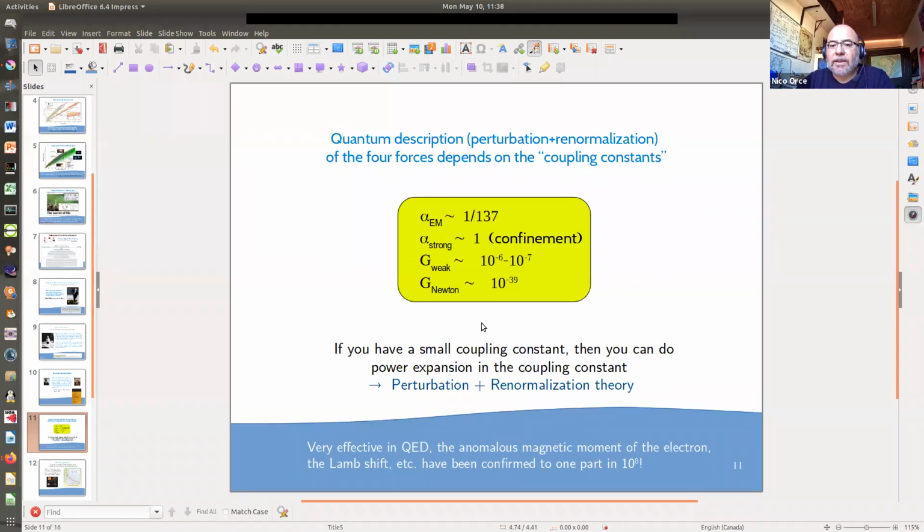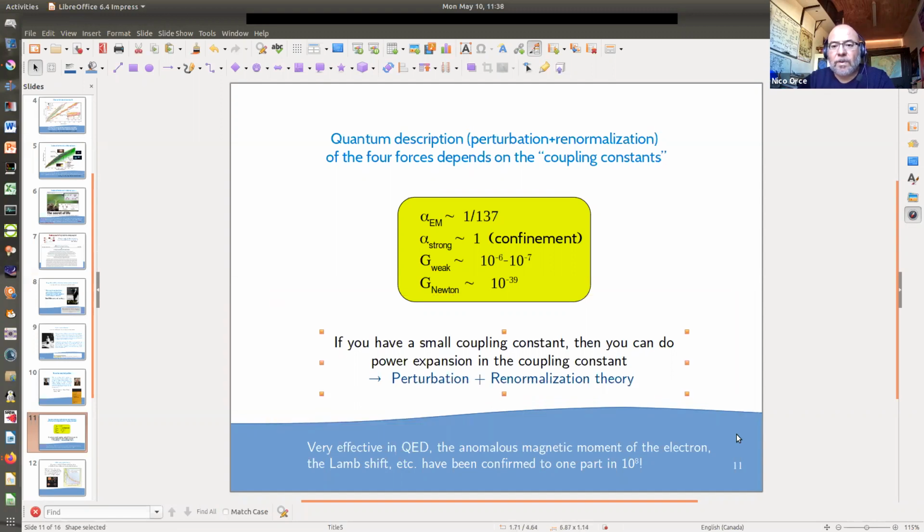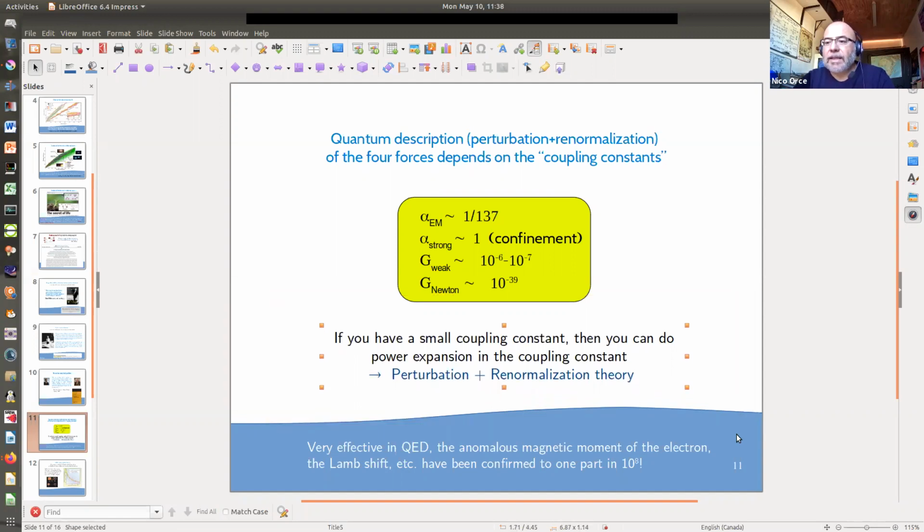This many-body problem, the coupling strength, the fact that we don't know the potential, it makes nuclear physics so far the most difficult problem in science, even nowadays. So this perturbation approach was very effective in quantum electrodynamics, where it merged electromagnetism and the weak interaction, that interaction for beta decay, and explained things to 1 part in 10 to the 8.